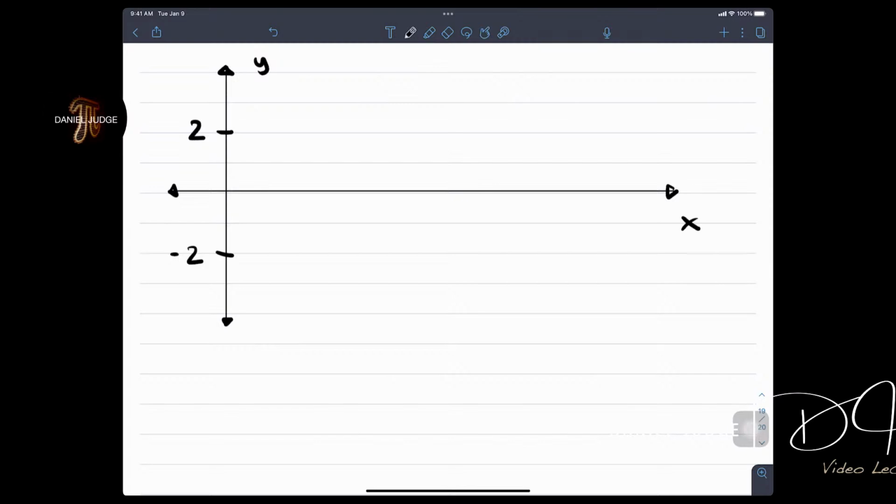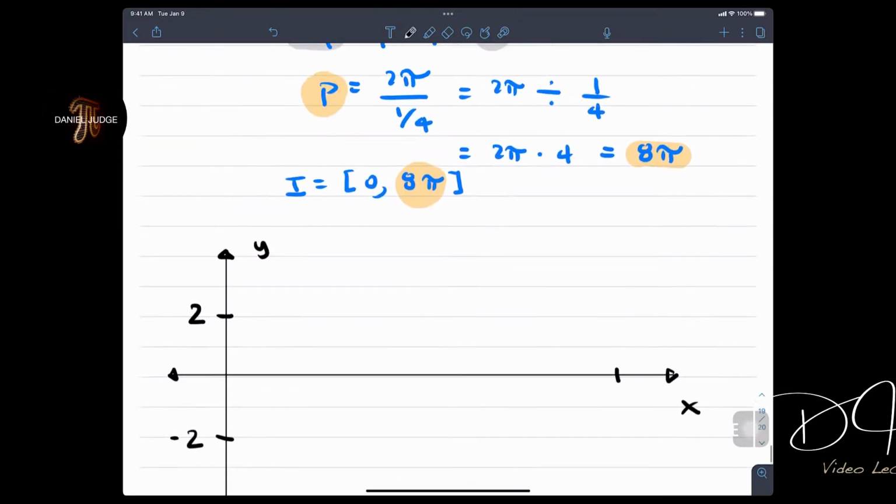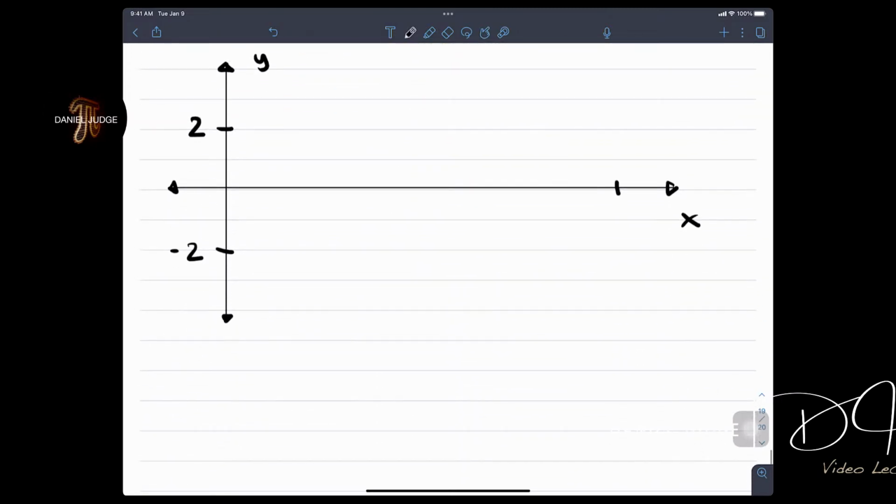Okay. And then this goes from 0 all the way to what again? 8 pi. So we go from 0 to 8 pi. Now finding halfway points again should be easy because of the nice easy even number. Like 0 plus 8 pi is 8 pi. Divided by 2, 4 pi. So that's halfway.